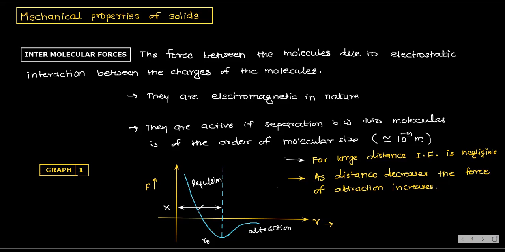You can see this distance x is there. At this distance, this part of the graph is for attraction, and this is repulsion. So at a particular distance, the force of attraction becomes maximum, and then it decreases.